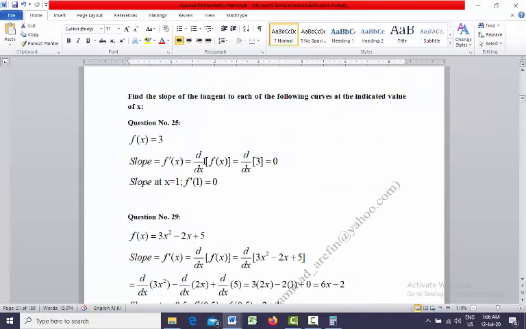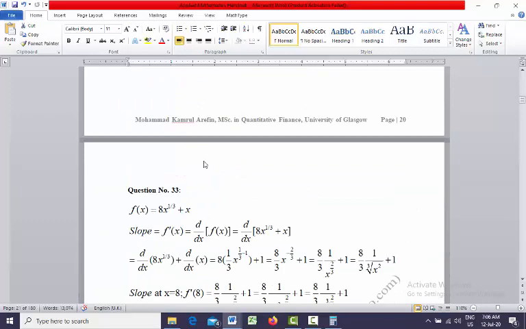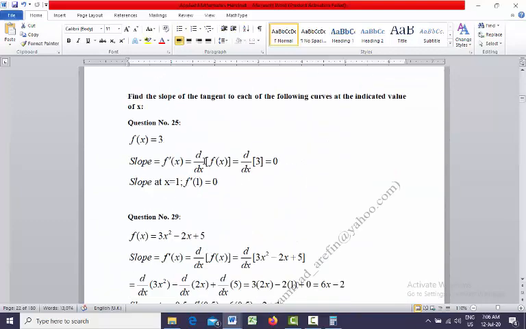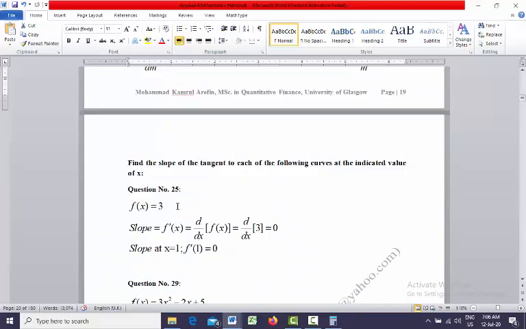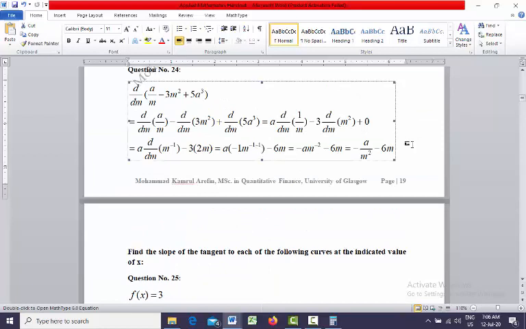So we will end up our today's discussion up to page 19.